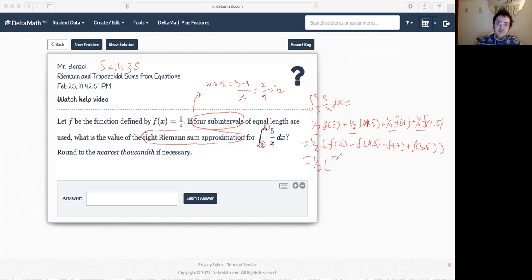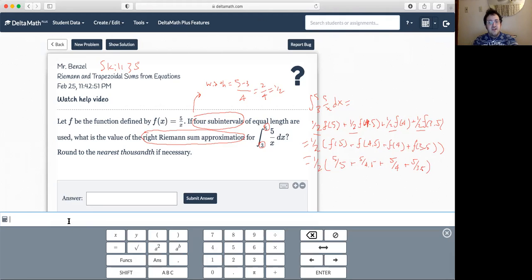So we'll have 5 over 5 plus 5 over 4.5 plus 5 over 4 plus 5 over 3.5. And we can now go to our calculator. I want you to use the Delta Math calculator and take advantage of it.